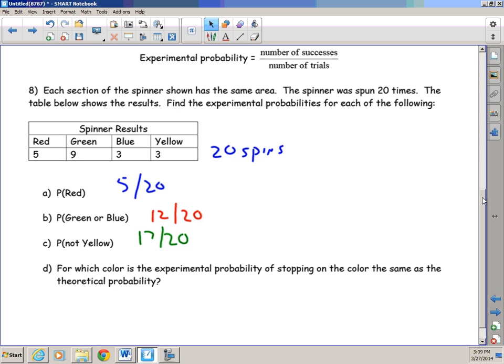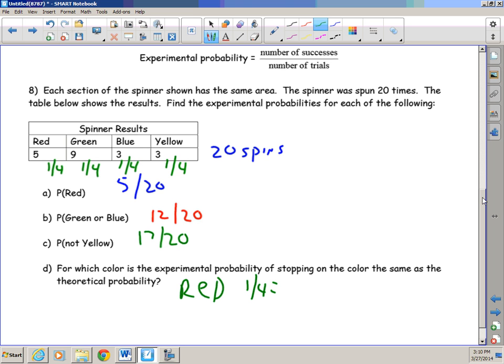Well, assuming that all 4 sectors are the same size, which they are, the theoretical probability of each of these is 1/4. I've got a 1/4 chance that each color comes up. The only one that has the same is red, because my 1/4 equals the 5 out of 20. Okay? So those are the basics of probability, and we will keep building on this throughout the unit.